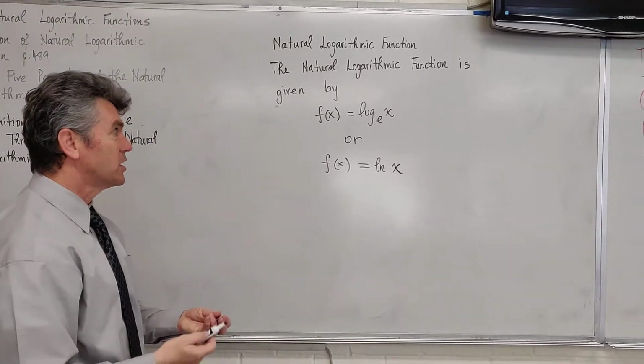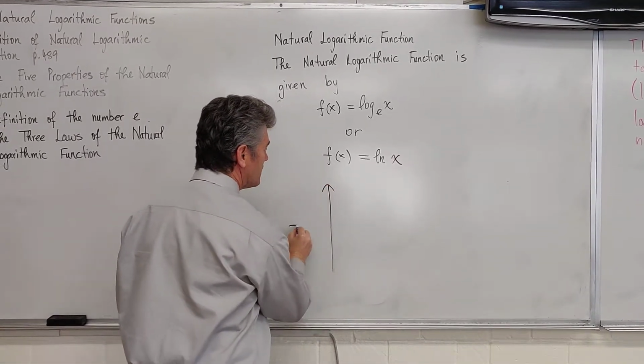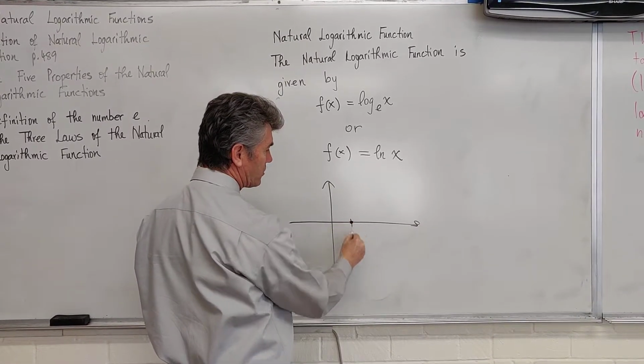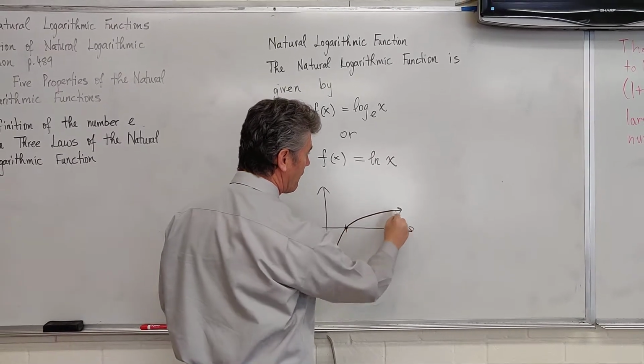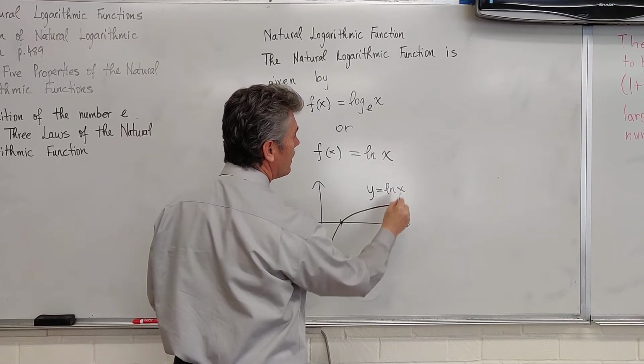Since this is a logarithmic function, its graph is very similar to those of other logarithmic functions. It will pass through point (1, 0). The graph will look like so. This is y equals natural log of x.